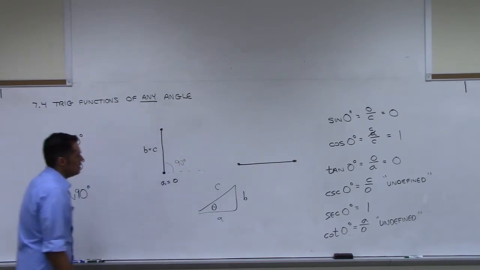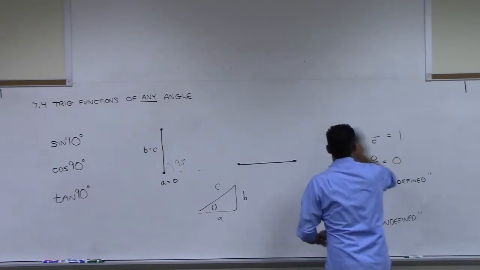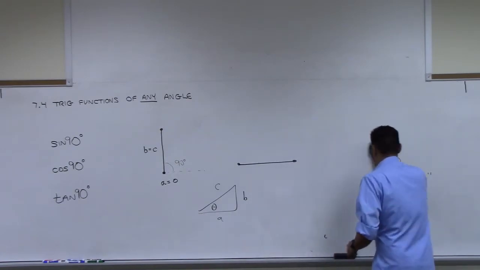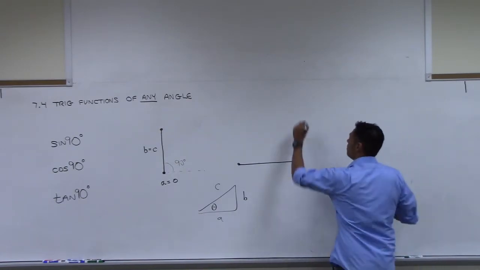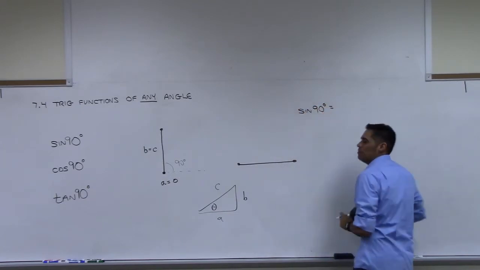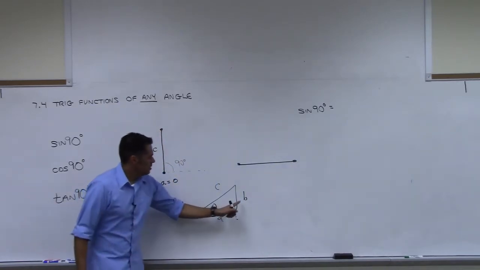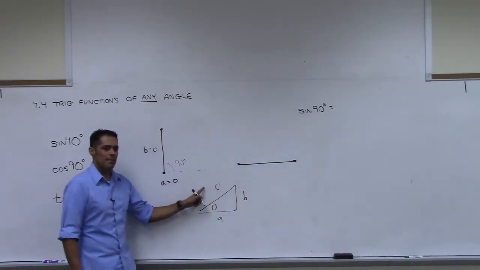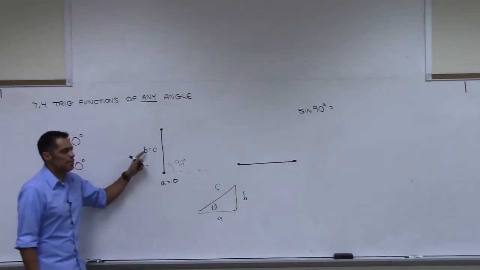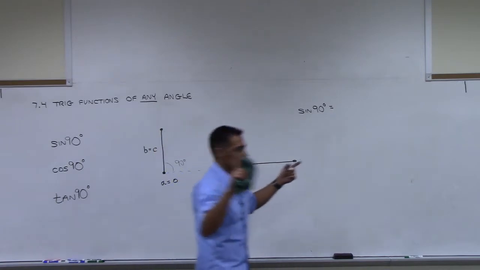Okay. So with that in mind, what would sine of 90 degrees be? Sine is the opposite over the hypotenuse, so it should be B over C, but B and C are the same, aren't they? So it'd be 1.